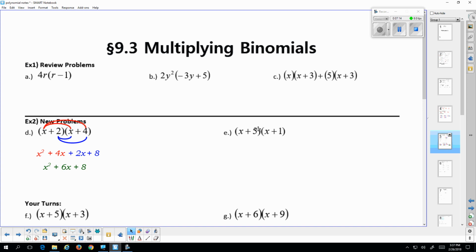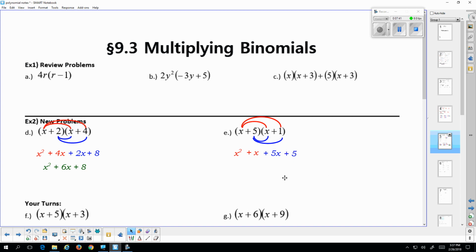Let's do this one more time just so you can see it. I'm going to start by distributing the x. x times x, what will that give me? It gives me x squared, and then x times 1 is going to give me x. Now let's distribute the 5. 5 times x, what's that going to give me? 5x, and then 5 times 1 is 5.